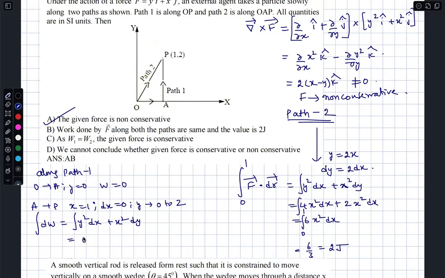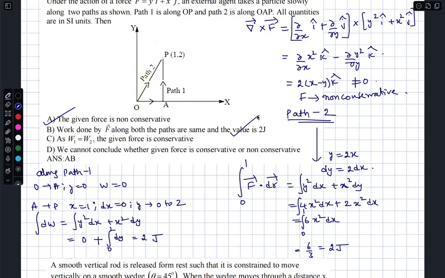Remember, the first part becomes 0. X square, x is always 1 here. So therefore, dy, and it is 0 to 2. So therefore, 2 joules. Please try to understand whether you go with path 1 or path 2, work done is 2 joules.